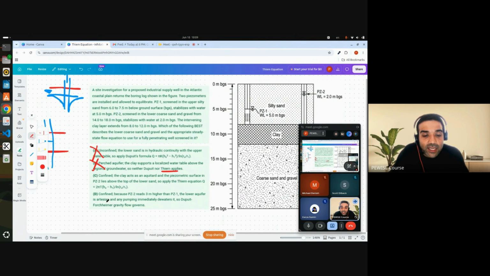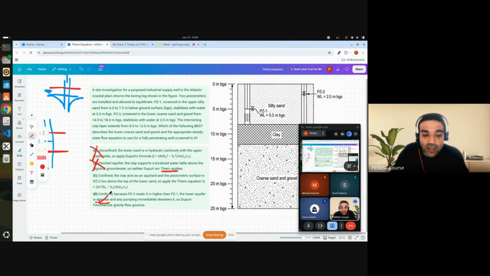Option D says, because PZ2 reads 3 meters higher than PZ1, the lower aquifer is Artesian, and any pumping immediately dewaters it, so Dupuit gravity flow governs. It has some words that are right, so it may confuse you. Artesian flow is the type of flow that happens in confined aquifers, so the flow that we see in PZ2 is Artesian.